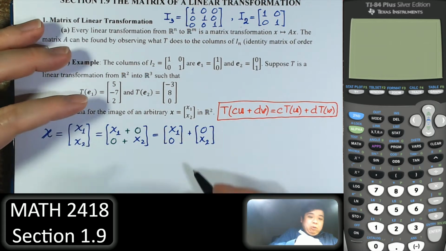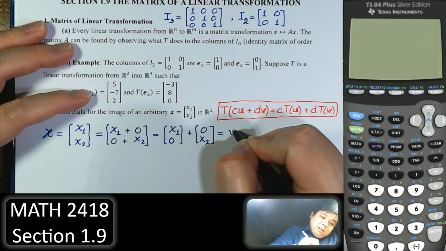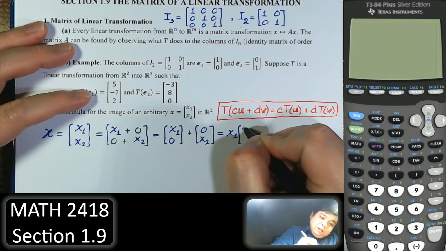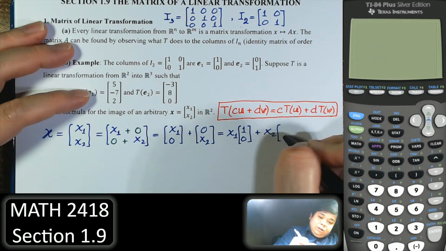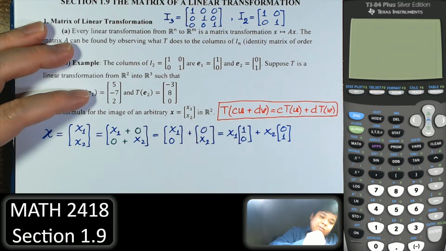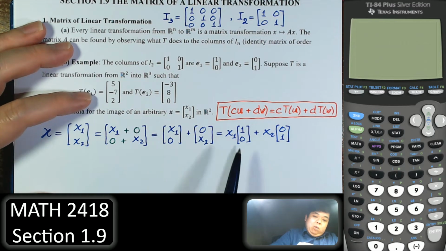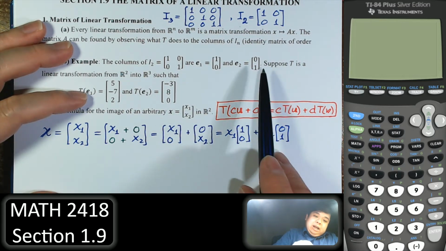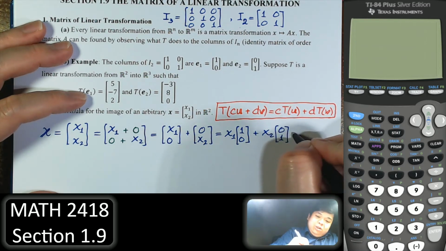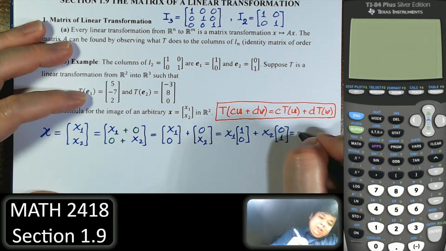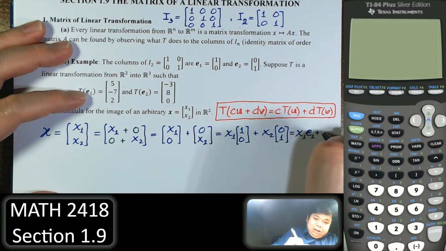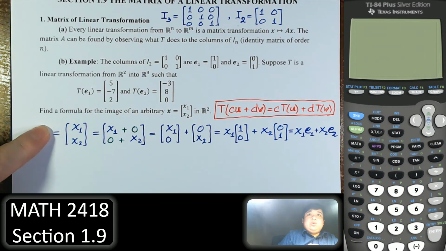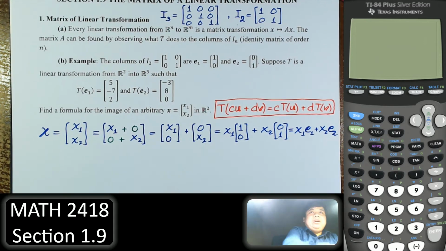And then we can factor out the x1 and factor out x2. Now 1, 0 is e1, and 0, 1 is e2, which is x1 times e1 plus x2 times e2. Right, so x can be written in that form.